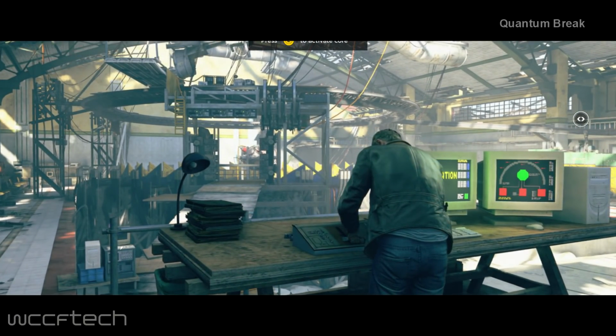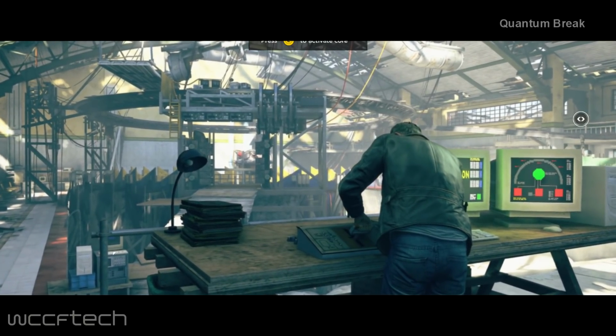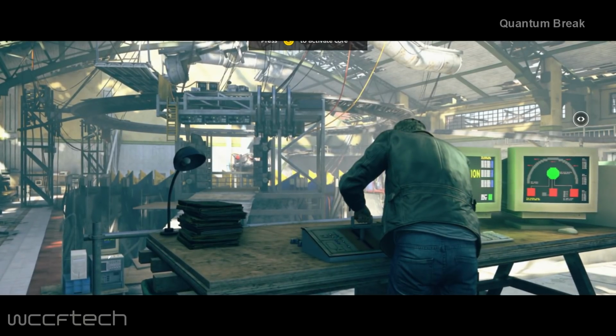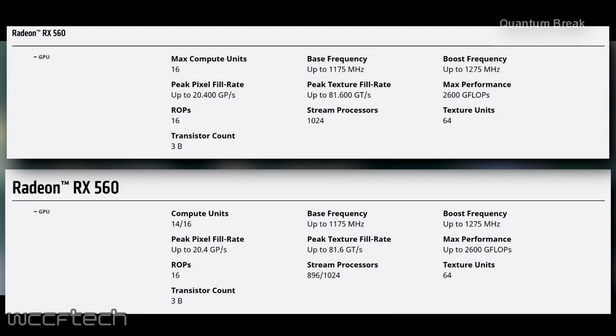It was not in English, so I wanted to look it up myself, and I did, and turns out they were right. The 16 compute units has definitely been changed to 14/16, and the stream processor count changed from 1024 to 896 and 1024. Not cool.